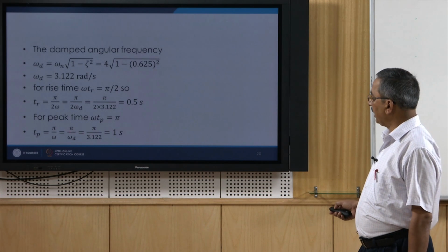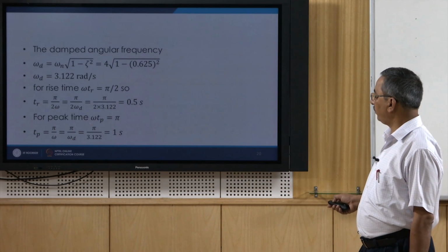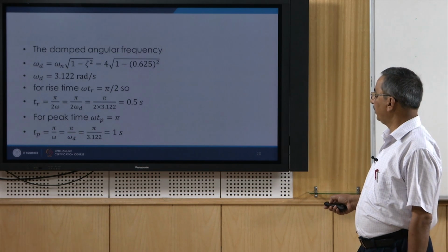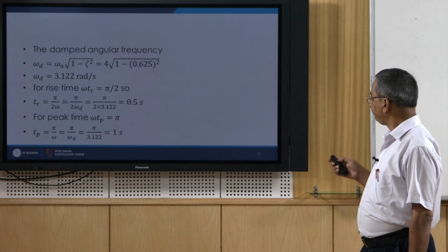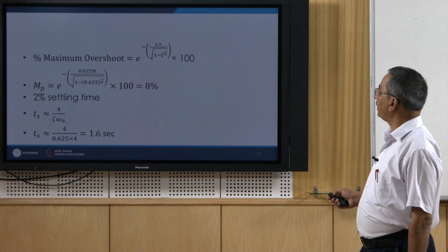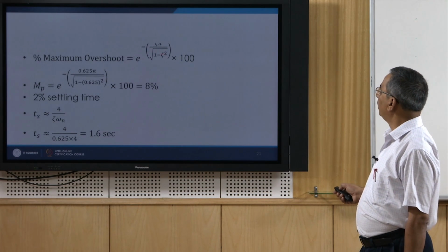Similarly, I can get the peak time by putting omega d Tp is equal to pi, and if I substitute the value of omega d here, I get the peak time. And I can find out the maximum percentage overshoot, because I have already determined the zeta value.